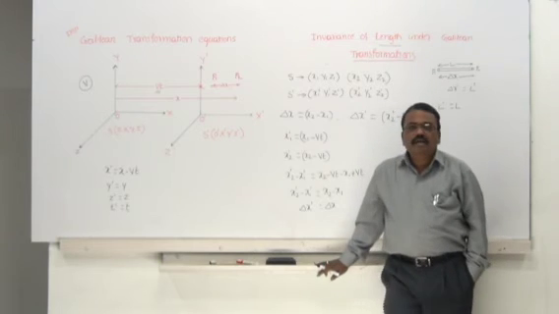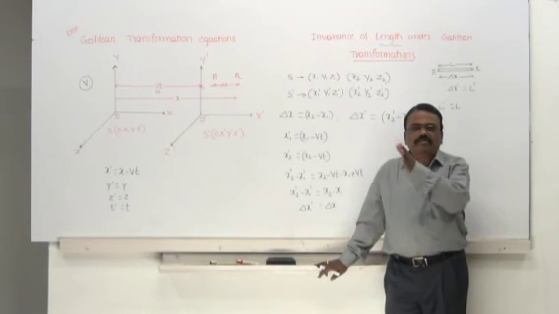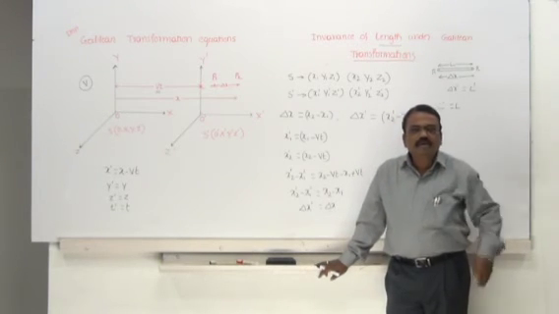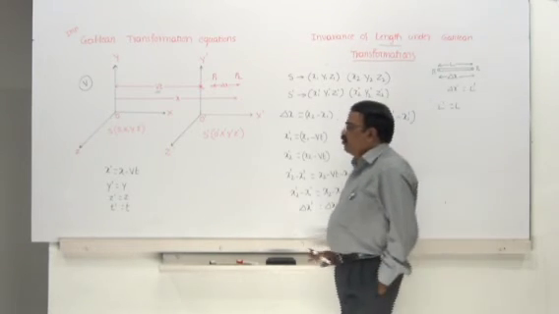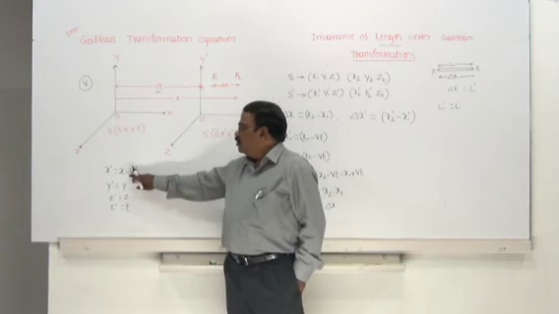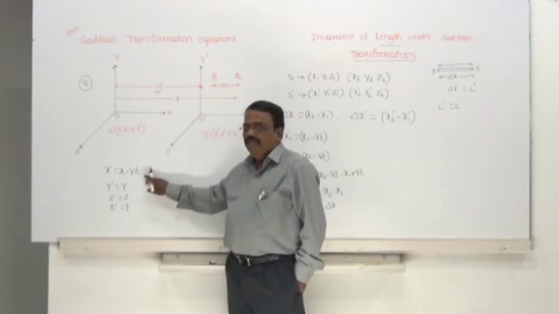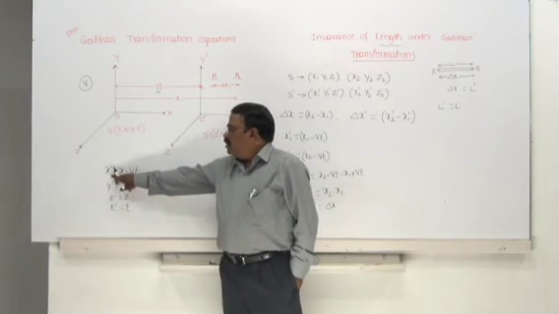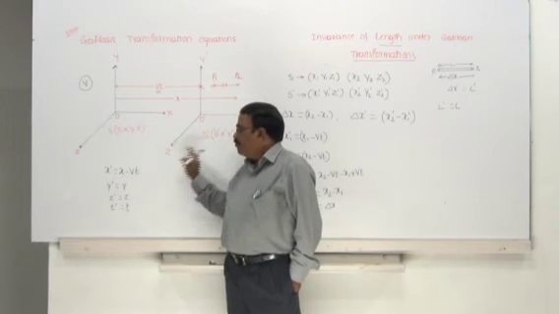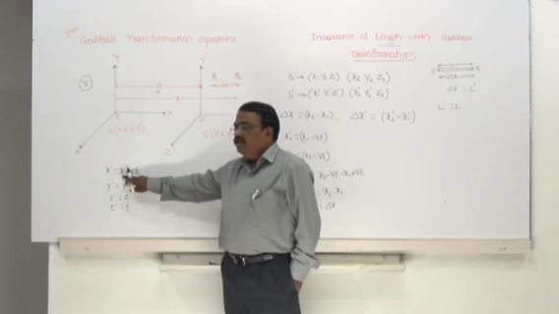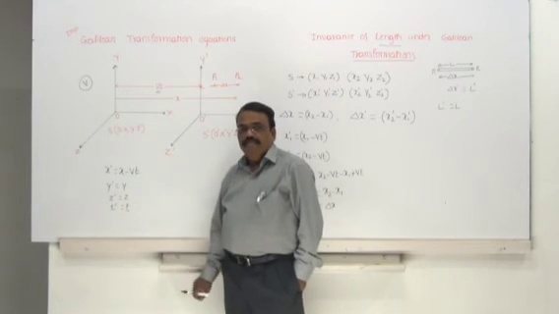Now we know the Galilean transformation equations: because there is a separation along the x-axis, the relation between the coordinates is x dash equals x minus vt. x dash is the x coordinate in the S dash frame, and x is the x coordinate in the S frame.